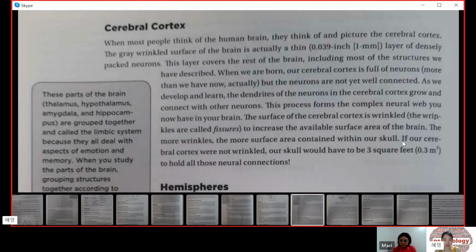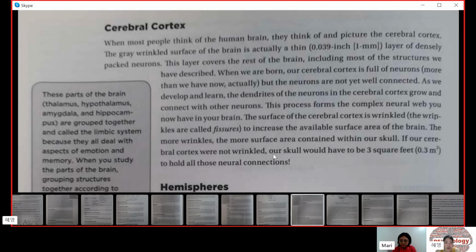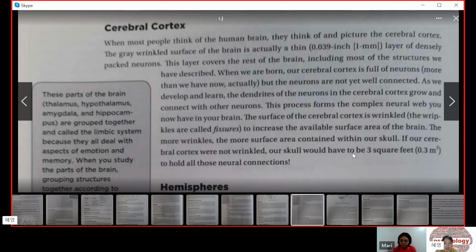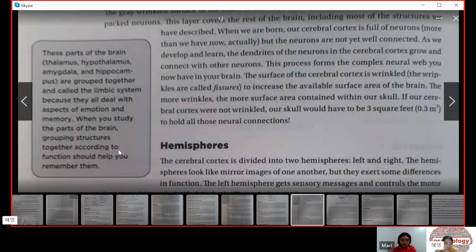If our cerebral cortex were not wrinkled, our skull would have to be 3 square feet to hold all those neural connections. So there is a gray box. Let's look at this one.